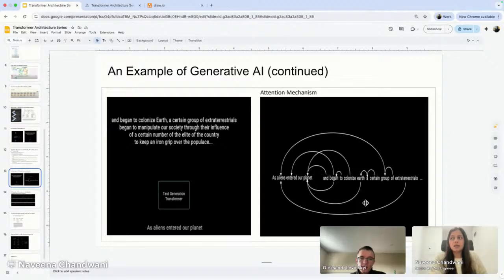If we were looking at training instead, as aliens entered our planet, the embeddings would be fed in, and then start of sequence, post that this would be the first word because it's like a conjunction, and then it starts understanding the grammatical and syntactical structures, and so your first word began and so on, and if there are any mistakes, then it penalizes, and the learning takes place accordingly.